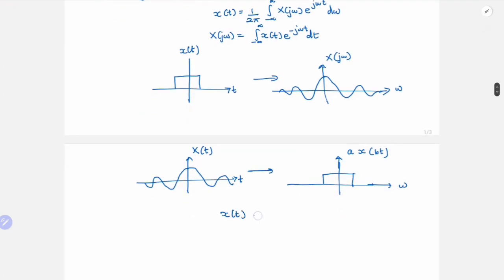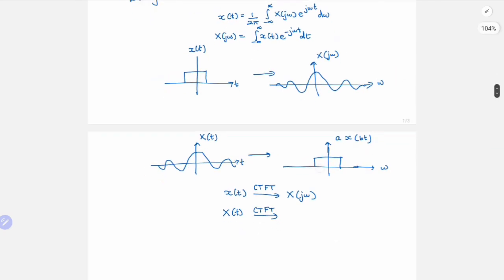So if my x of t has continuous time Fourier transform X of j omega, then I need to find what my X of t has as its continuous time Fourier transform. So we'll pick one equation. Let's say my x of t is equal to 1 by 2 pi integral minus infinity to infinity X of j omega e power j omega t d omega.